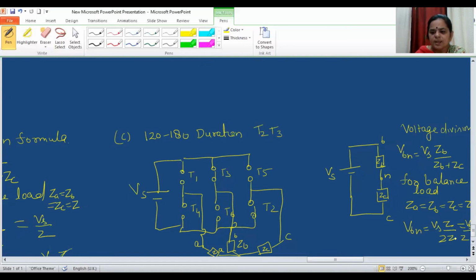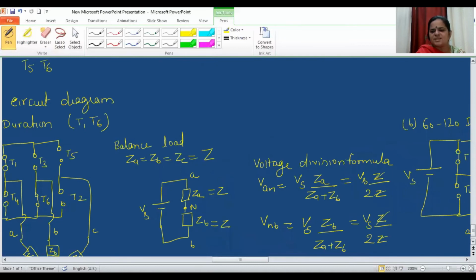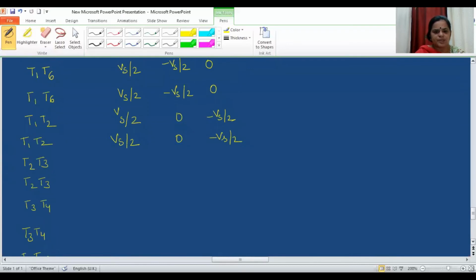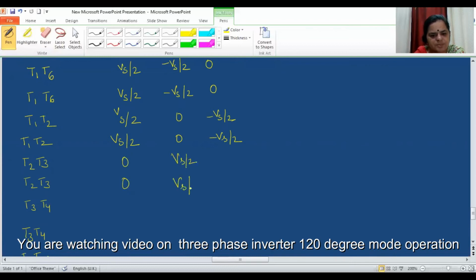Now similarly, I can calculate VCN, that is equal to minus Vs by 2. So let us write in the table: VBN is Vs by 2 and VCN is equal to minus Vs by 2. So VAN in this case is 0, VBN is Vs by 2, and VCN is minus Vs by 2.